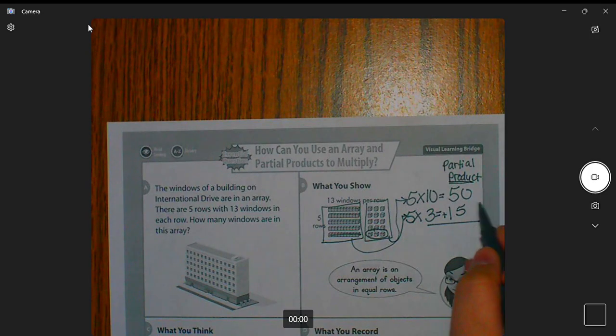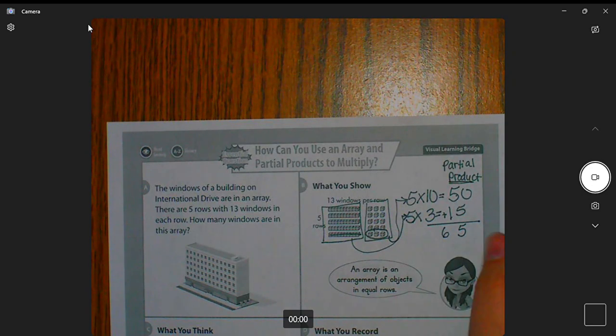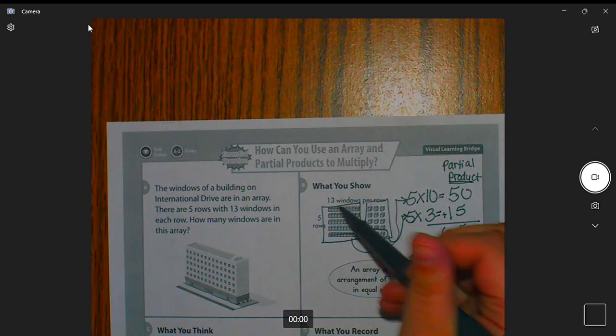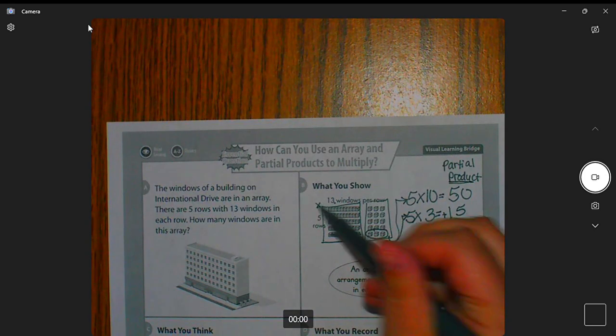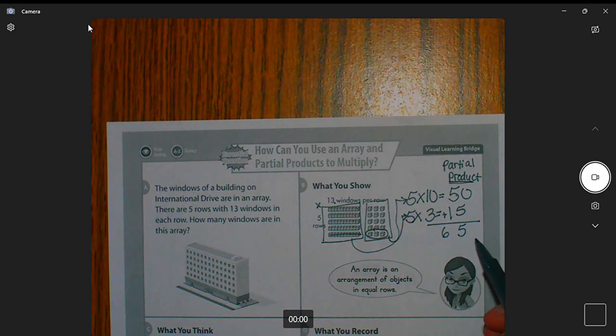So, 0 plus 5, 5. 5 plus 1, 6. So, I can say 13 times 5 is 65, because I can use place value and break it down.